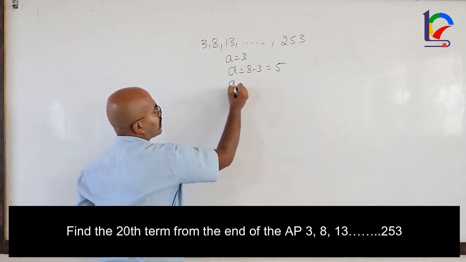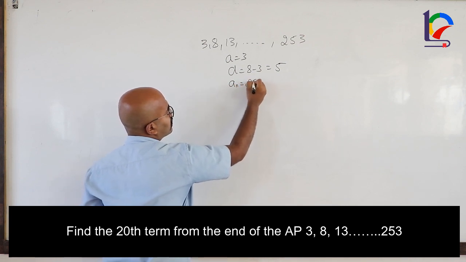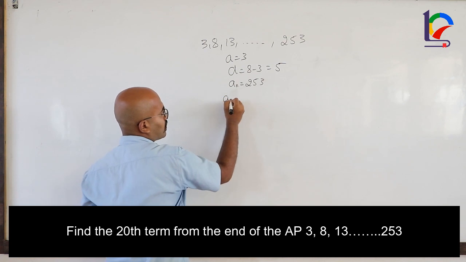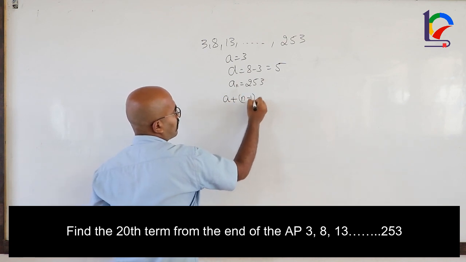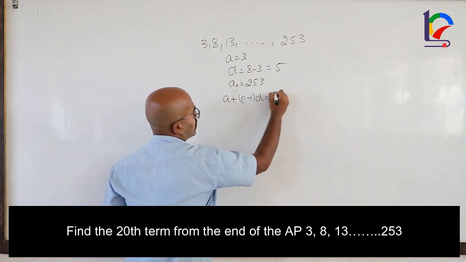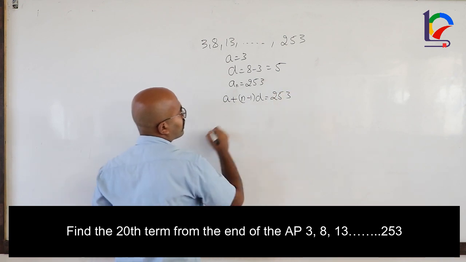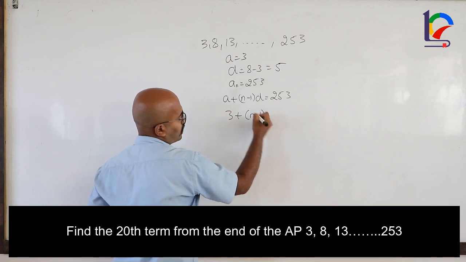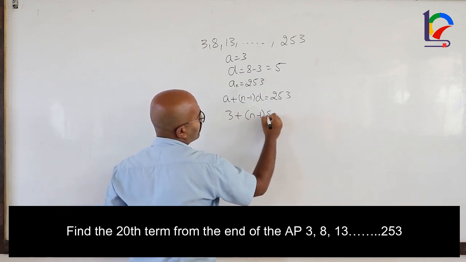So you need to find the number of terms. The last term is 253. A plus n minus 1 into D is 253. What is the value of A? 3. What is the value of n? You don't know. What is the value of D? 5.